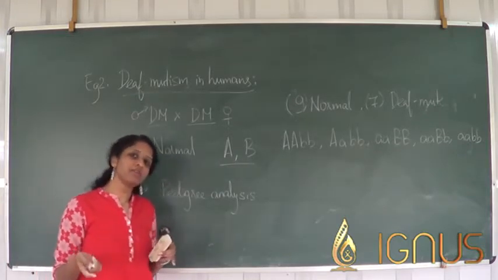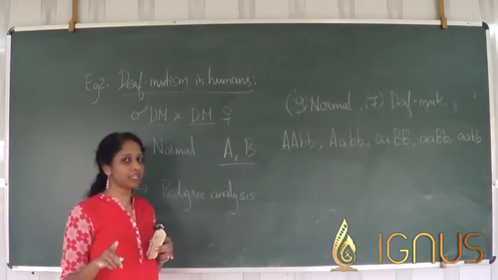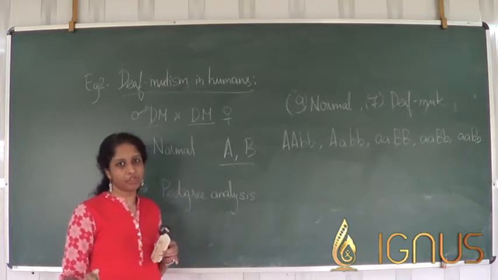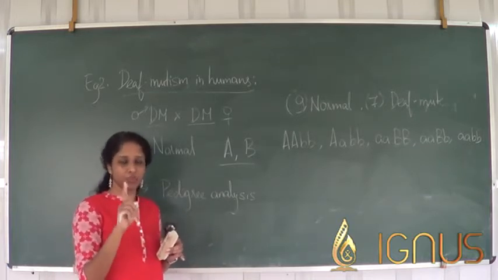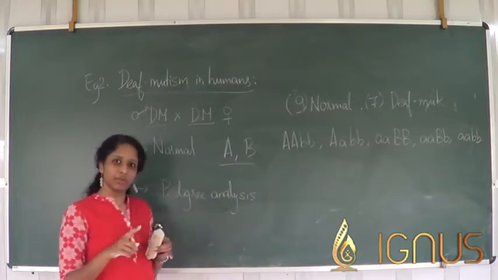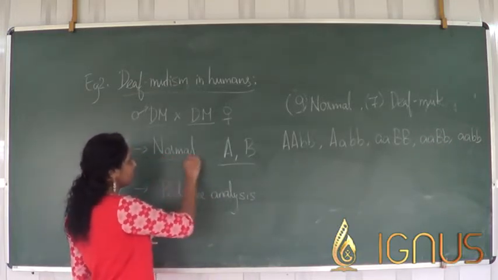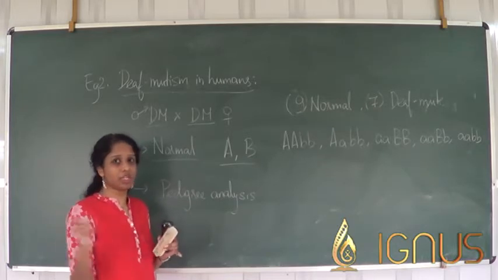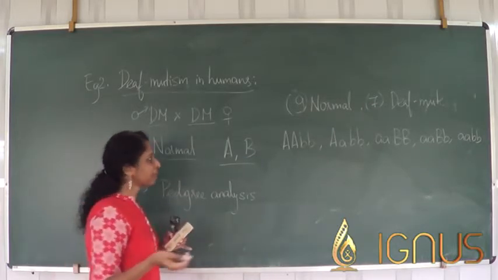So either they are homozygous dominant or heterozygous dominant, but because both of them have at least one dominant allele, they are going to interact with each other and give rise to a normal human being who is neither deaf nor mute.